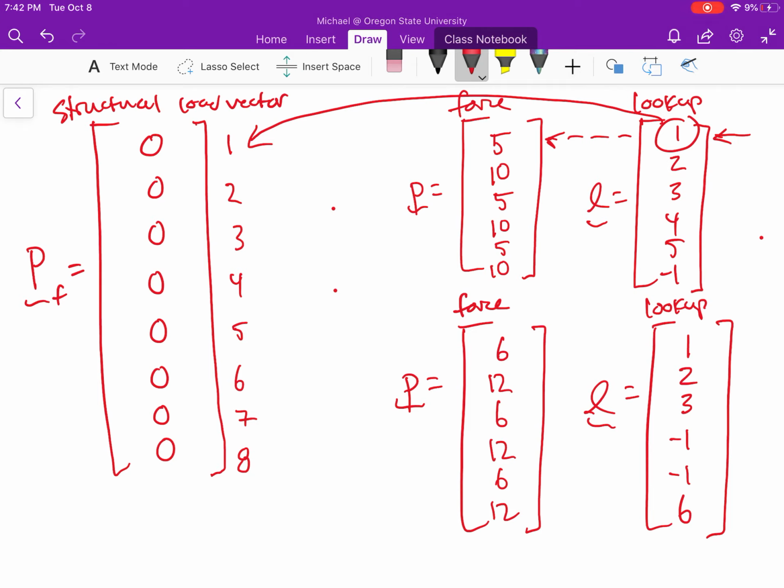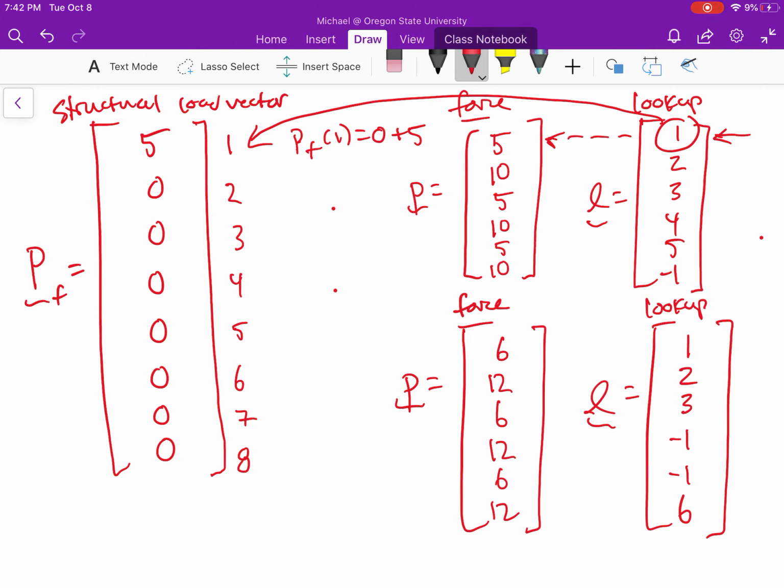So P sub f 1 equals 0 plus 5. We take its current value of 0 and we get 5. So what's 0 plus 5? It's 5.